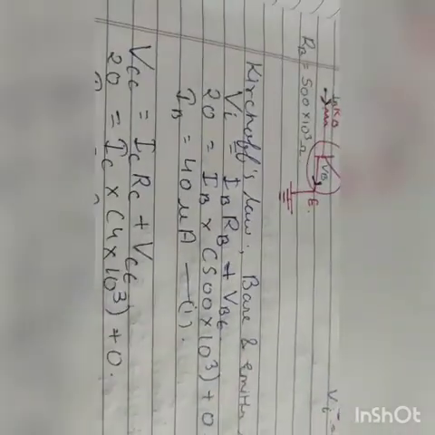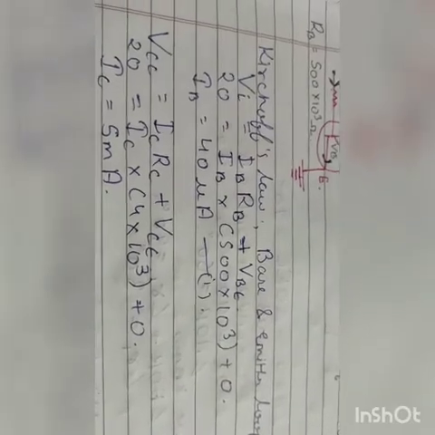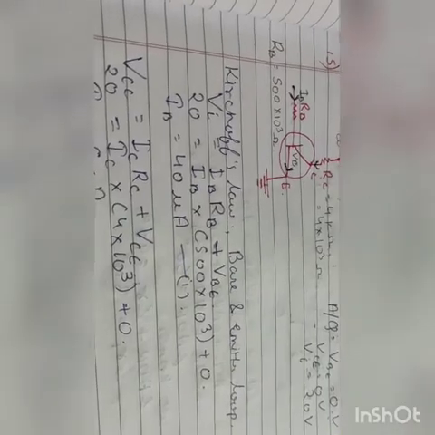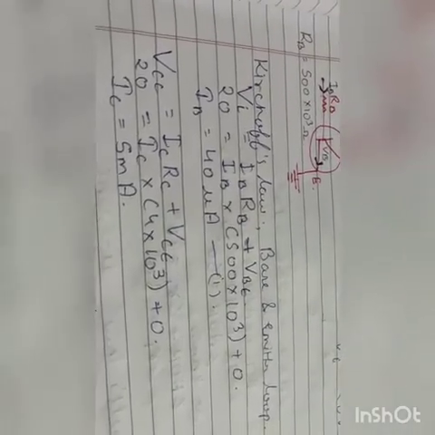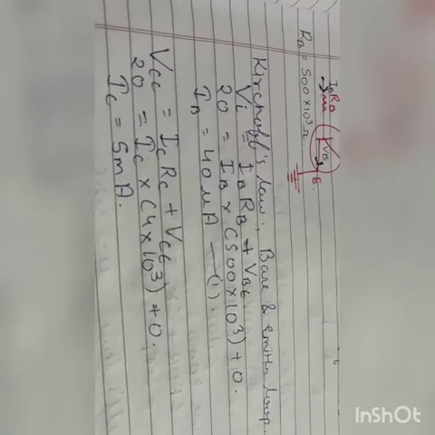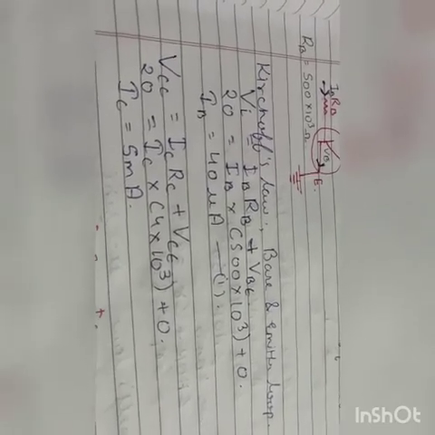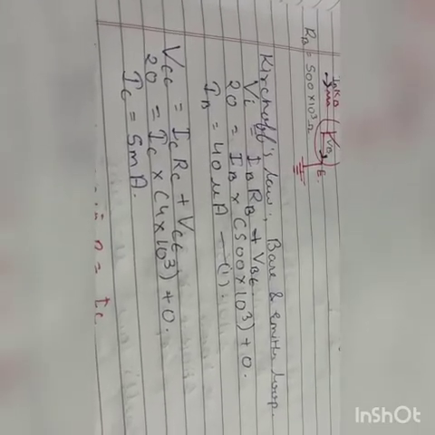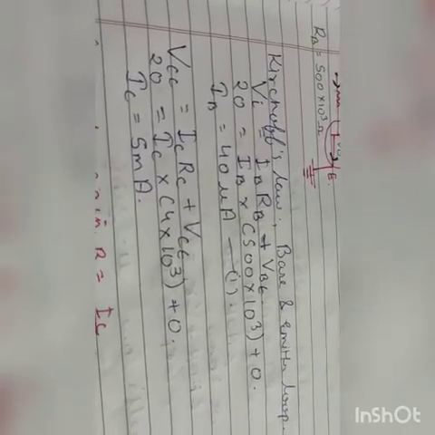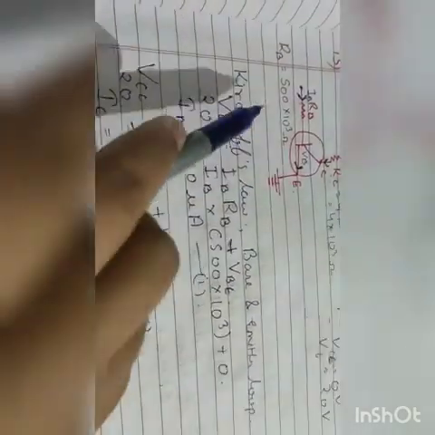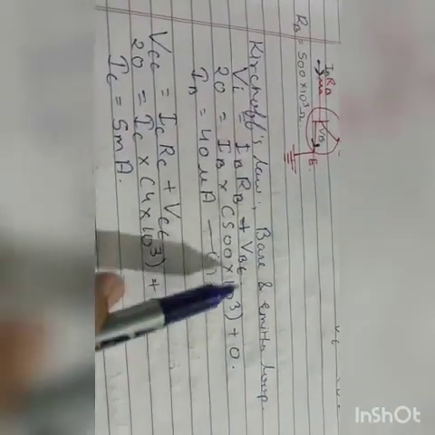According to the question, VBE is 0 volt, VCE is also 0 volt, and Vi is 20 volt. So by Kirchhoff's law for the base-emitter loop, and seeing the figure, we can get the idea: Vi = IB RB + VBE. So 20 = IB × RB, we put the RB value here, and VBE is 0 from the question.